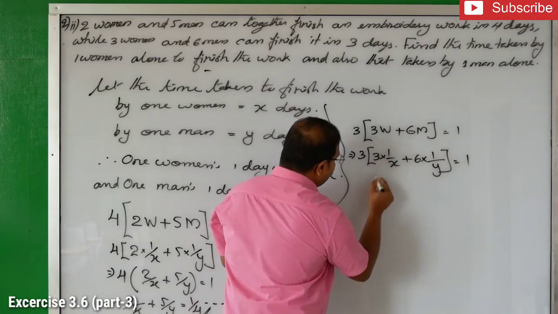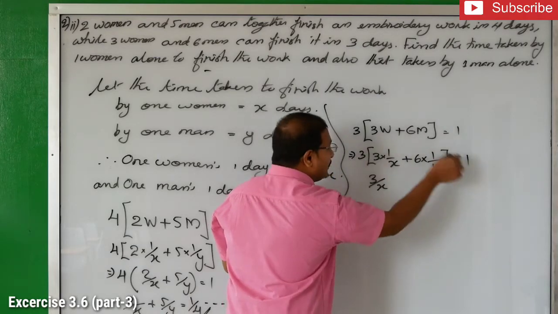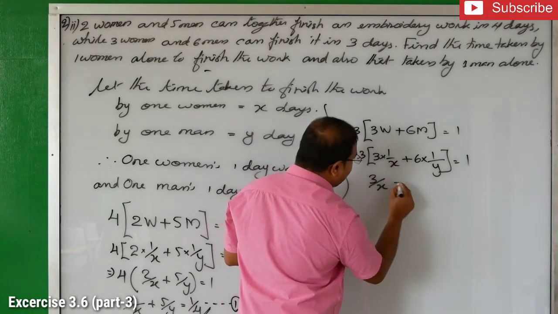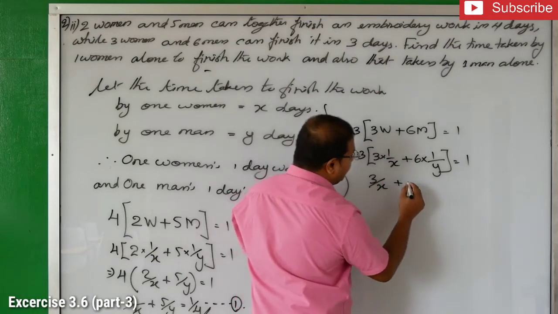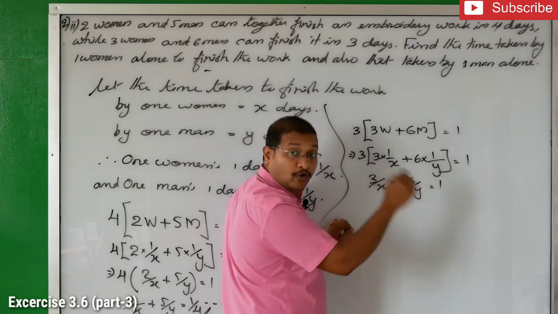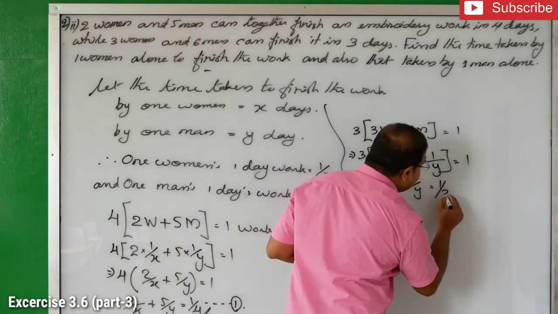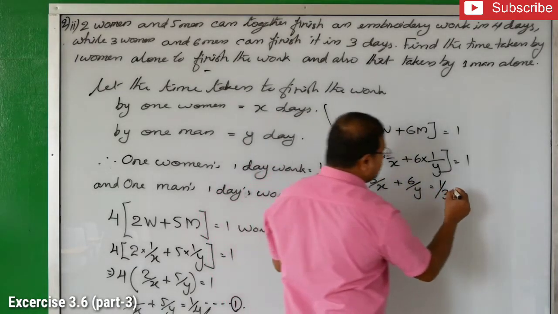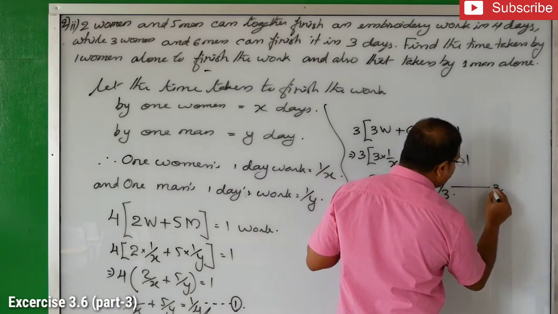Now 3 by x plus 6 by y equals 1, and of course 3 goes to the next side, it will be divided by 3. This is equation number 2.